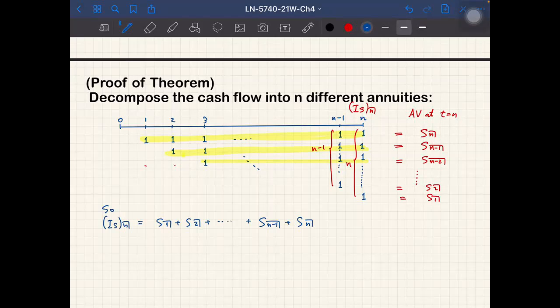Okay, so we write down the formula for s angle n, in general s angle t. So this is the summation t equal to 1 to n of s angle t, and that is, with i on the denominator, (1 plus i) to the t's power minus 1.